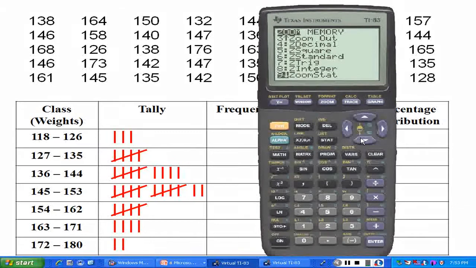Can you fix my window, please? Okay. Press the zoom button. Look what mine did when I hit 9. Zoom. Your step one's off.